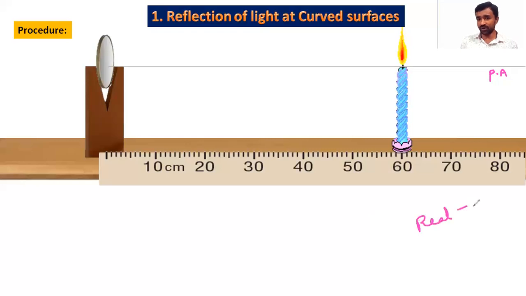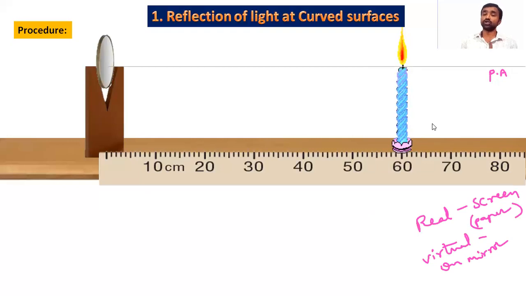If a real image is formed, we can see that image on the screen, that means on the paper. If a virtual image is observed, we can see that image on the mirror surface. Right? So this is what we are going to observe. So in this case, when I place the object at 60 centimeters, is it going to form a real image or virtual image?